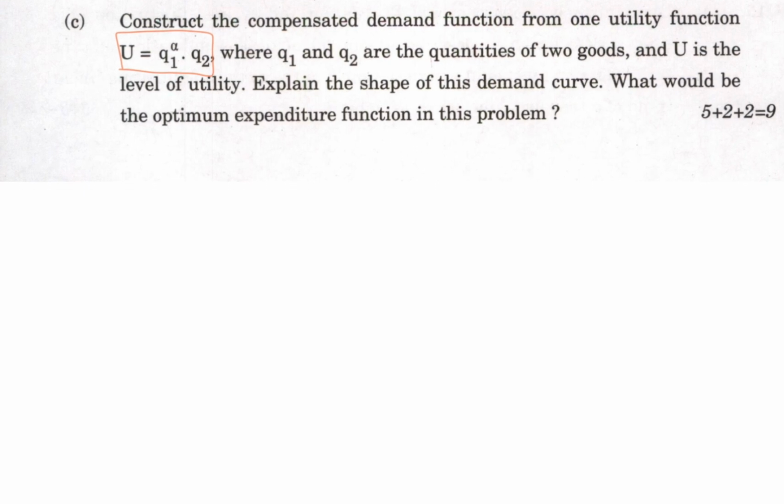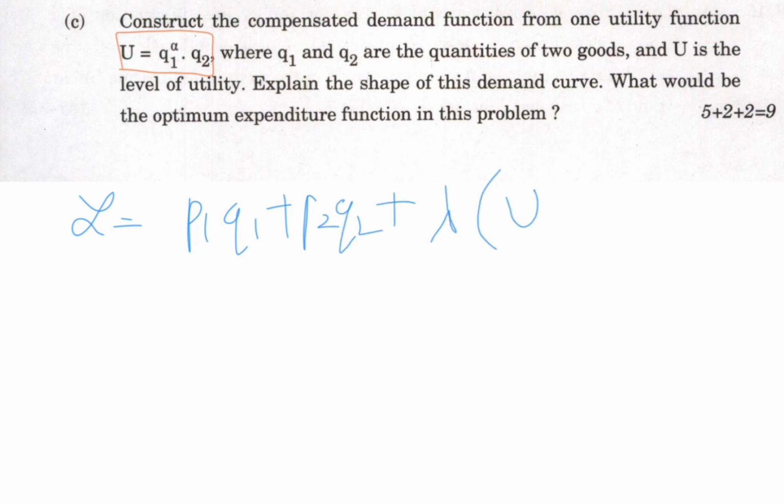So, the expenditure minimization problem is given as Lagrangian L equals P1 Q1 plus P2 Q2 plus lambda times (U bar, which is a given level of utility, minus Q1^alpha Q2).